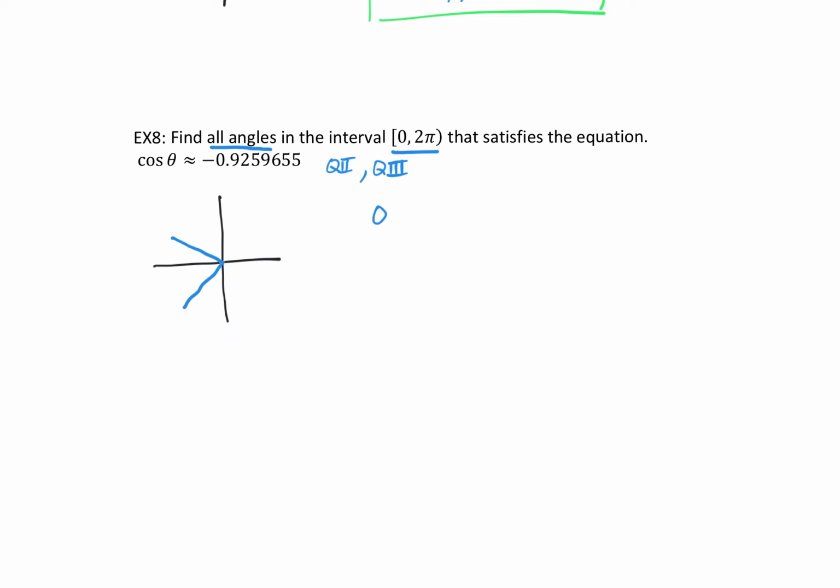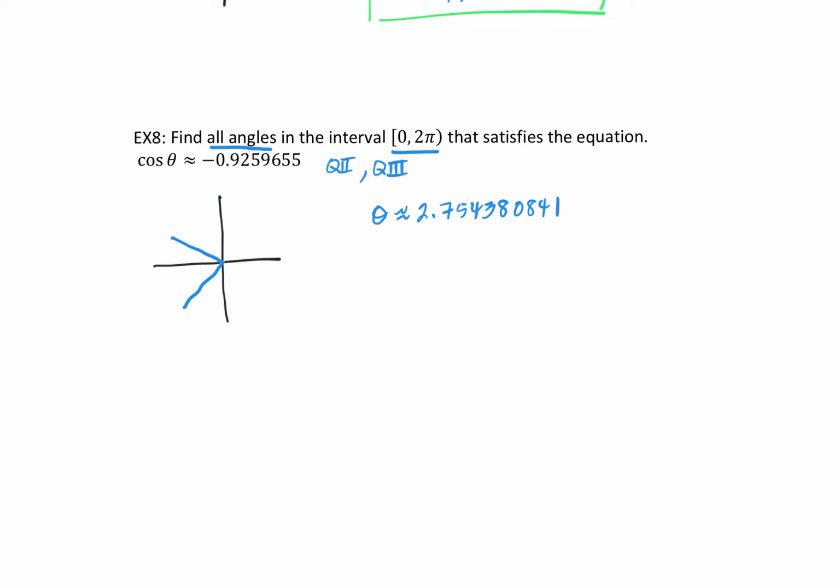In the calculator, I'm in radians now, right? I got 2.754380841.